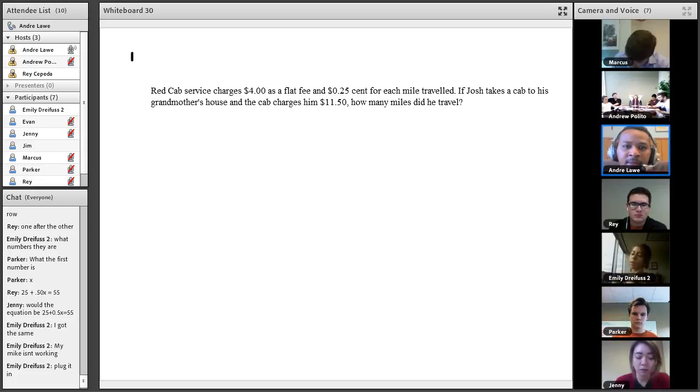All right. So Red Cab Service charges $4 as a flat fee, 25 cents for each mile traveled. If Josh takes a cab to his grandmother's house and the cab charges him $11.50, how many miles did he travel?